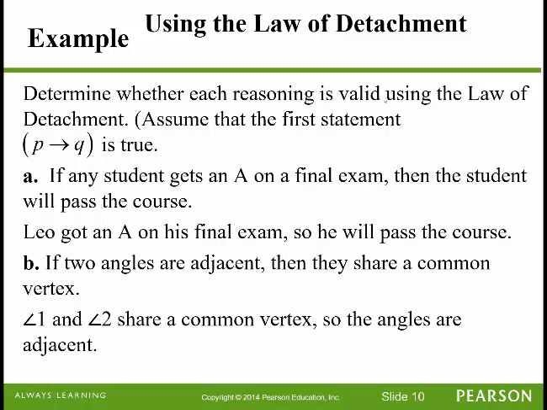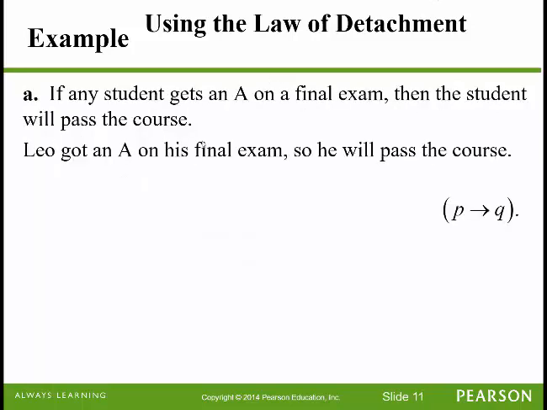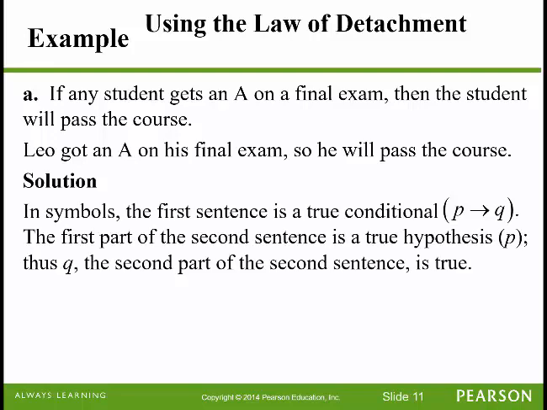What do I mean by determine whether the reasoning is valid with the law of detachment? If a student gets an A on the final, then the student will pass the course. Leo got an A on his final, so he will pass the course. In symbols, the first sentence is a true conditional statement. The first part of the second sentence is also a true hypothesis.